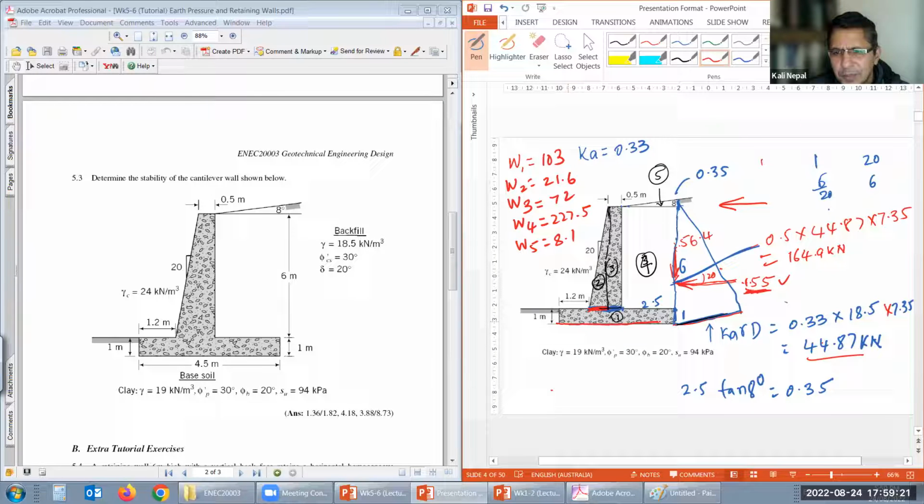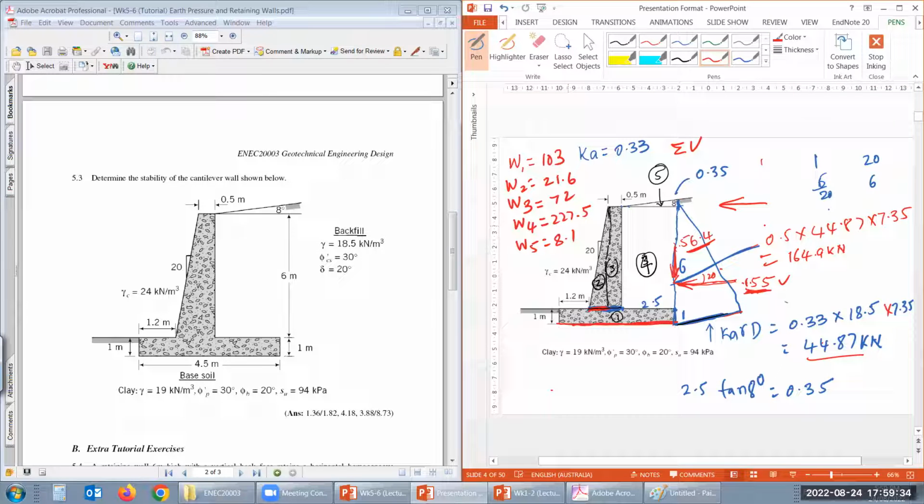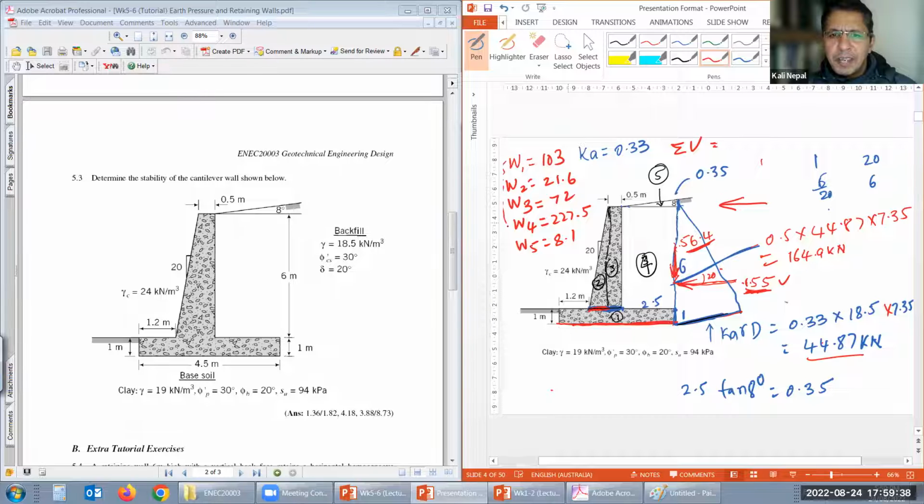For the total vertical force, can you calculate the summation of V? Add all of them, the five weights, as well as the vertical component of the pressure, 56.4.